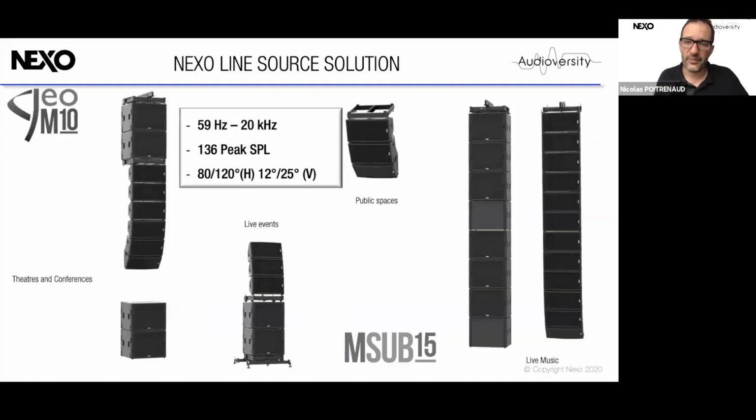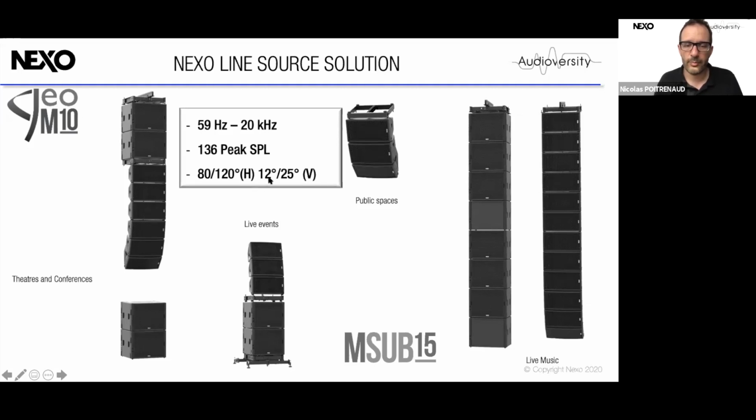We have also M10. So M10 is the same as M6, but instead of having 6 inches, it goes to 10 inches. So we increase the bandwidth and we massively increase the maximum SPL. We now go to 136 peak SPL.